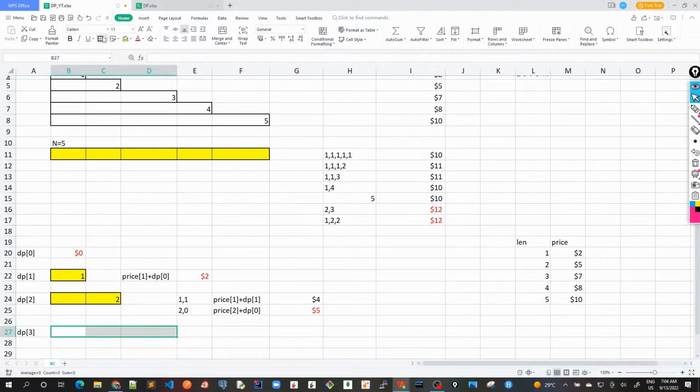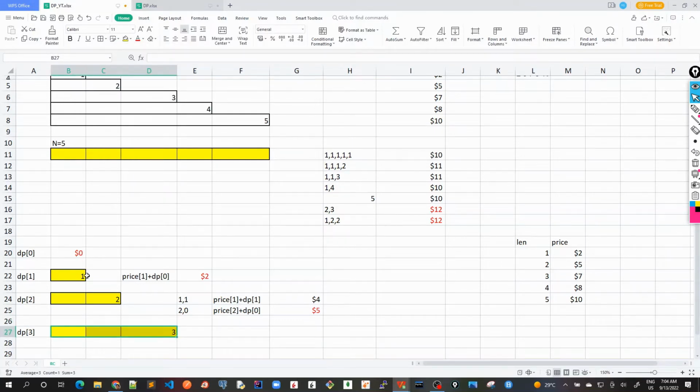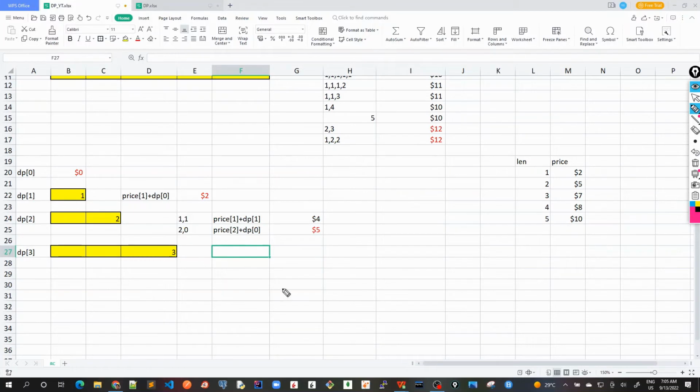So let me take this similar thing and mark it as 3. Now for the rod of length 3, we can cut it into 1 and 2. Another way, we cut it into 2 and 1.